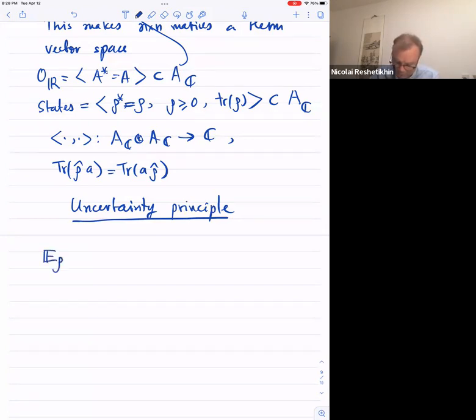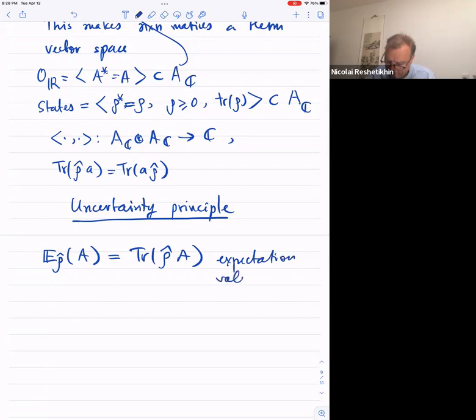Okay, so if we have an observable A and a state with density matrix rho, this is the expectation value of A in the state with density matrix rho.